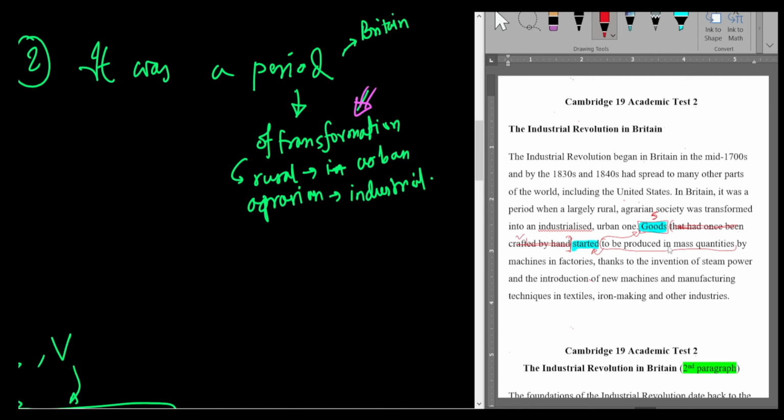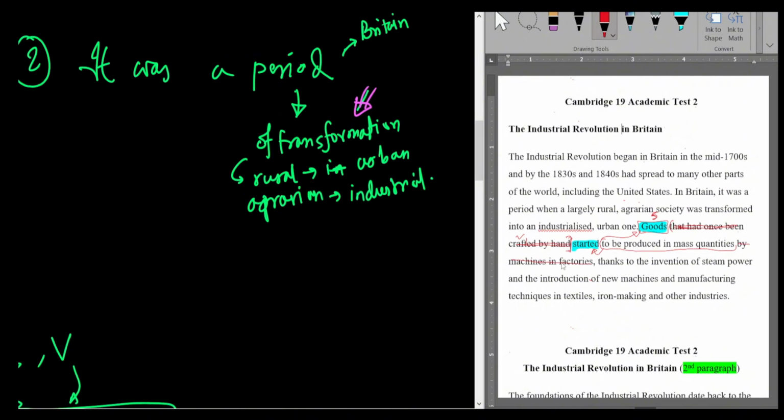We can still not consider it, as this is a preposition and a noun after it, but for clarity we can keep it. Goods started to be produced, and again we are getting "by machines in factories," so we can disregard this "in factories," as this is a preposition and this is a noun.